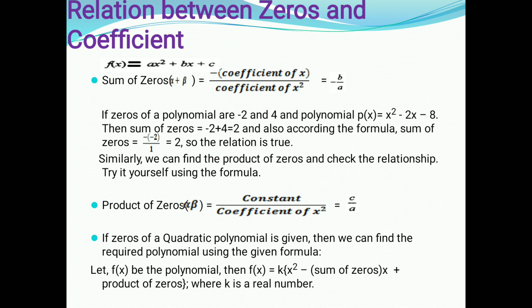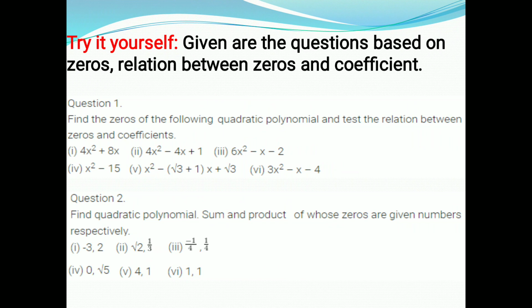I have mentioned these important points and formulas because based on these you will be able to solve the questions. Now last but not the least, the practice session, try it yourself. Here are some questions based on what I have taught you just now. The first question is, find the zeros of the following quadratic polynomials and test the relation between zeros and coefficients. Here I will take the first example, 4x² plus 8x.